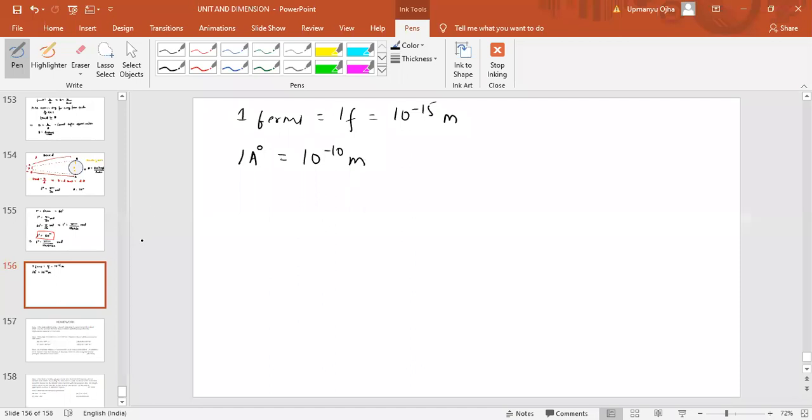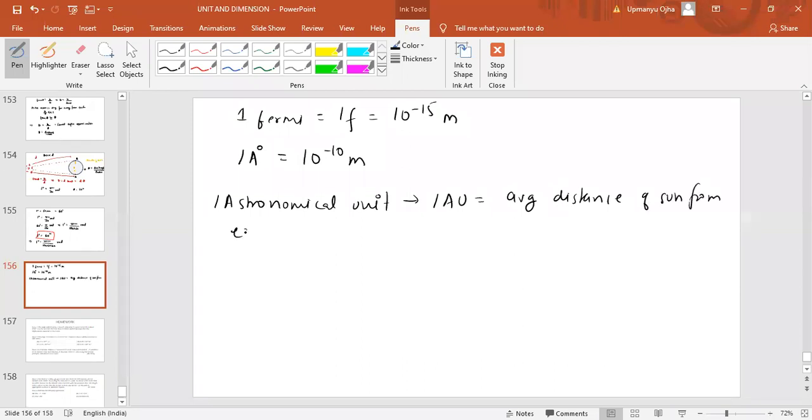Next is 1 astronomical unit. So what is 1 astronomical unit? That is AU, which is equal to the average distance of the Sun from the Earth.